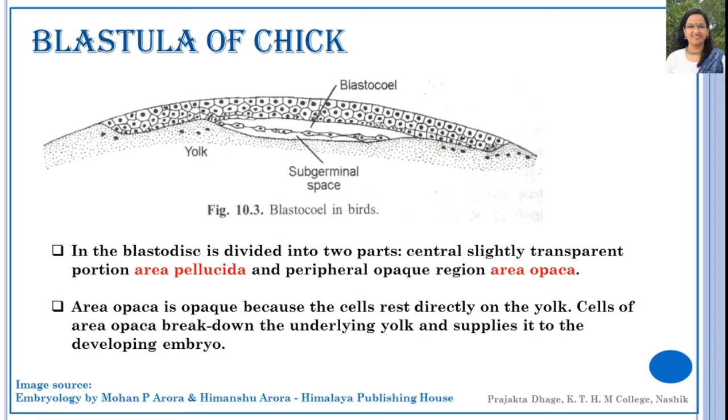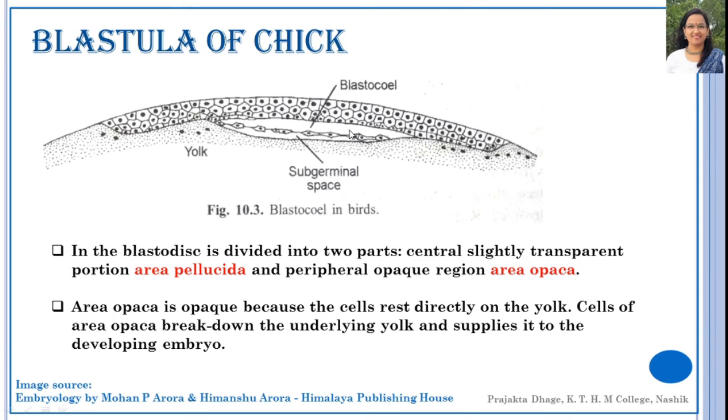The blastodisc in reptiles and birds is subdivided into 2 parts. The central part is called the area pellucida and the peripheral part is referred to as the area opaca. So this particular portion is area pellucida and this particular portion is area opaca. The names indicate that the central part appears more transparent in the living embryo.